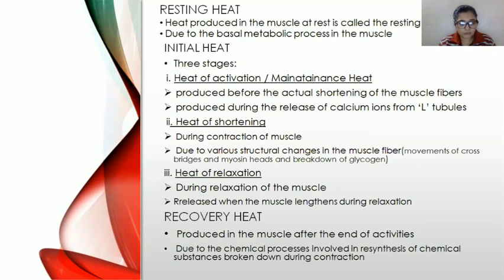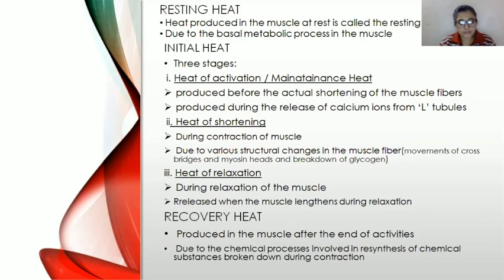These are the three types of heat produced under initial heat: heat of activation, produced before the actual shortening, then heat of shortening, produced during contraction, then heat of relaxation, produced during the time of relaxation. Then the third type of heat is recovery heat. This heat is produced inside the muscle after all the activities end, when the process of contraction and relaxation ends.